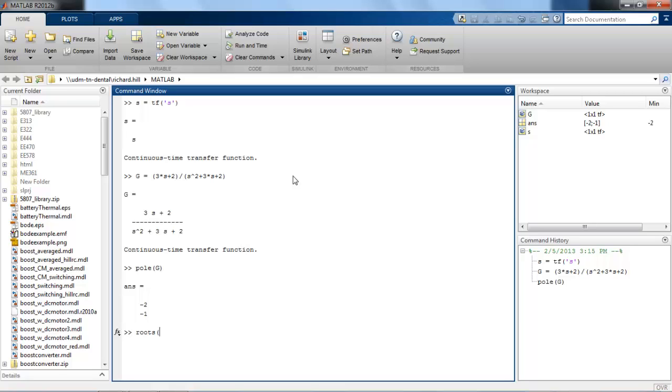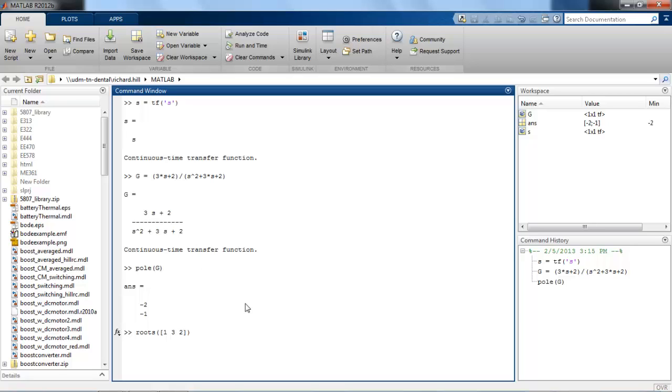Alternatively, we can use a roots command to find the roots of a polynomial, and what we do is we feed it a vector of coefficients of the polynomial, starting from the highest power moving to the left. So in this case, our highest power, s squared, the denominator, has a coefficient of 1. The next power has a coefficient of 3, and the constant term was just 2.